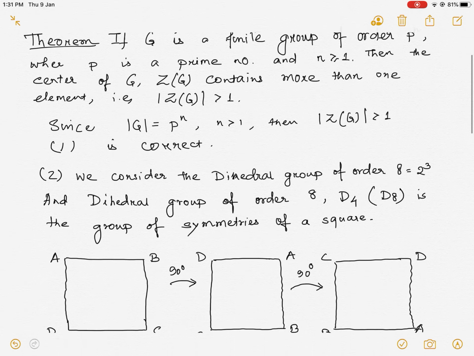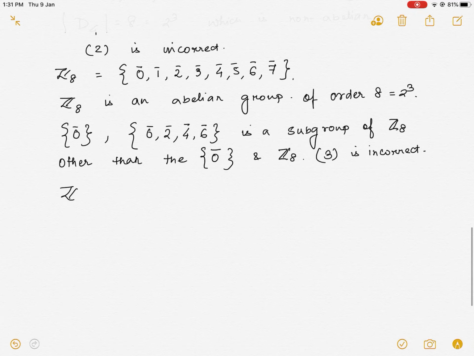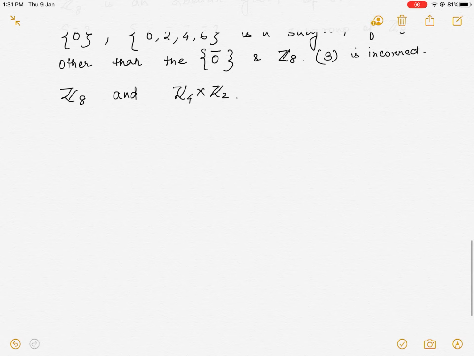For option 4, consider two groups Z8 and Z4 cross Z2. Both are groups of order 8.